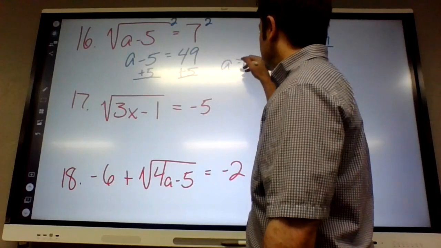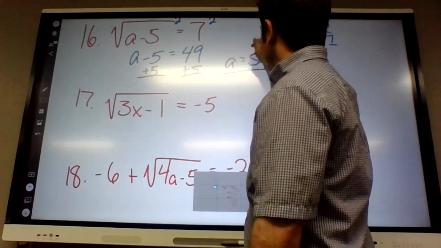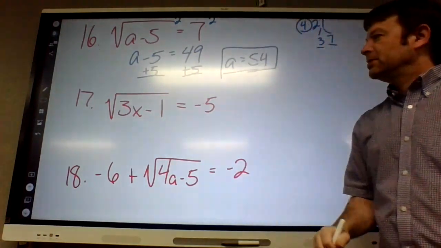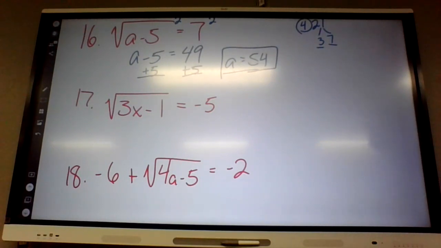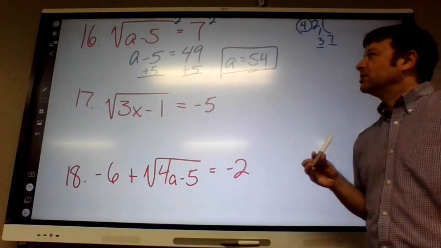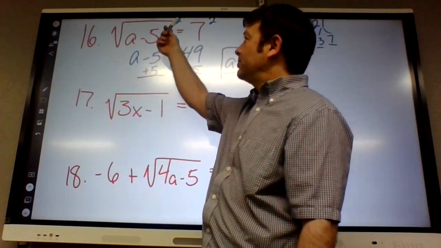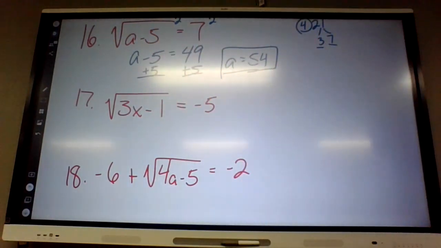And then that's going to be 54. Okay, why would the directions say check your answer? Because it can be wrong. It might not exist. 54 minus 5 is 49. Square root of 49 equals 7. It's right. Okay, Gianna, how about 17?